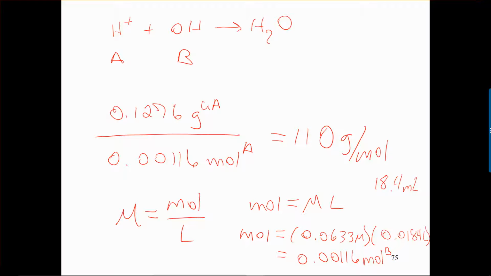The moles of the base that I add are exactly the same as the moles of the acid that were there, because once I reach the equivalence point, I've neutralized the solution, right? So that means I've added exactly the same number of moles of base as there was acid there to begin with, to neutralize it.